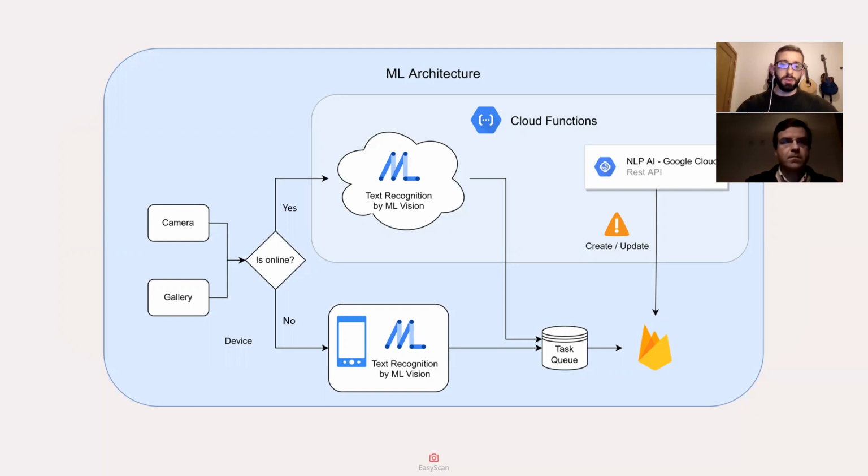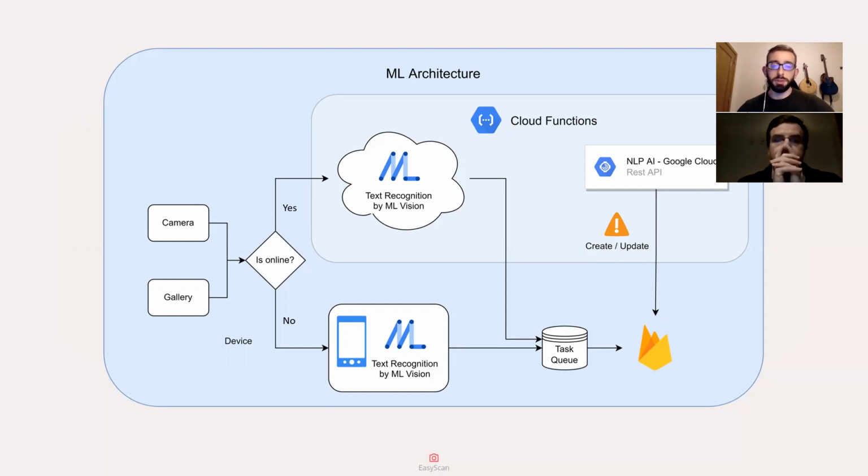So we take the image that has been uploaded to the application and send it to the text recognition API by ML Vision. Then we get the recognized text and save it in the cache.